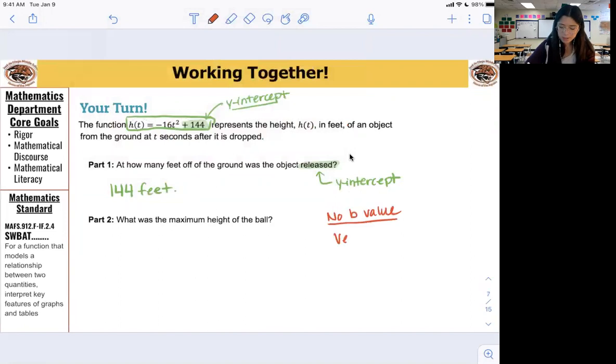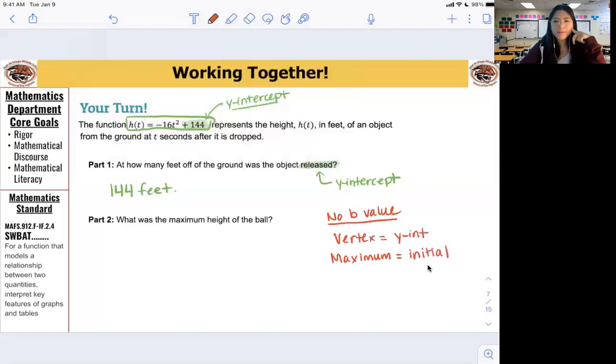Good. So we can say it two different ways. The vertex equals the y-intercept. Or, as Lauren was saying, the maximum equals what? The y-intercept. And the y-intercept represents the what? The initial point. Initial, yeah.